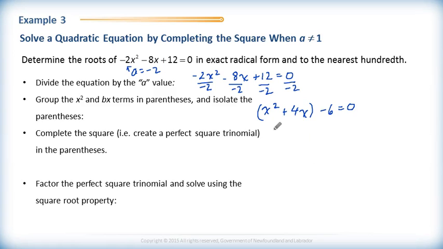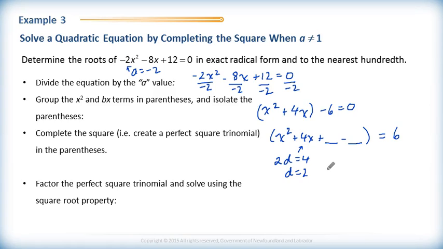Next, we complete the square in the brackets, x squared plus 4x plus a blank, subtract a blank, and that minus 6 we're moving to the other side of the equal sign. So then we recognize that this is double the d value we need.